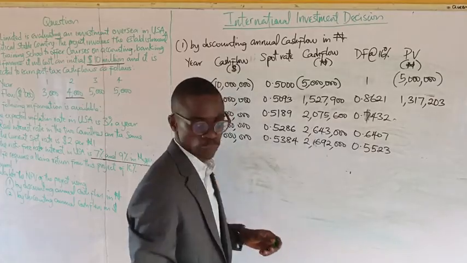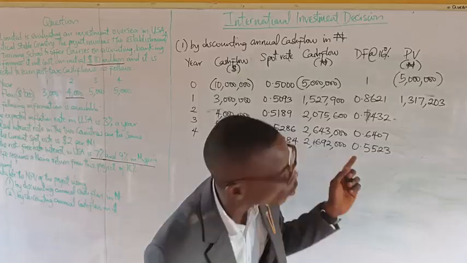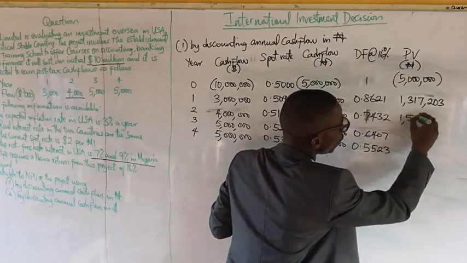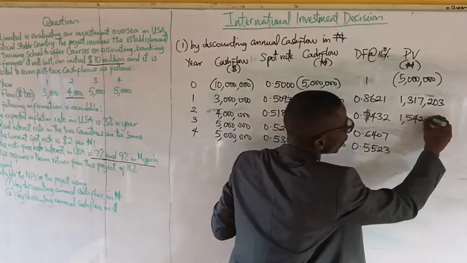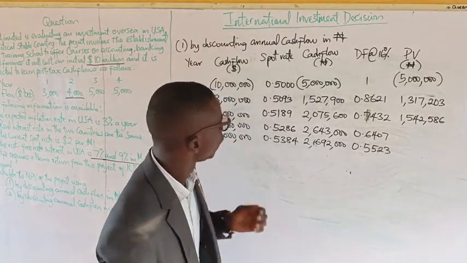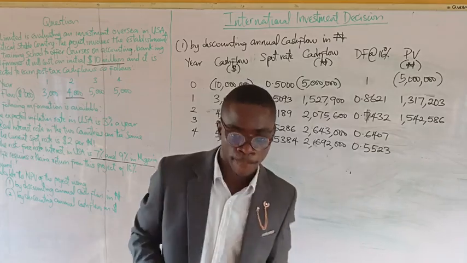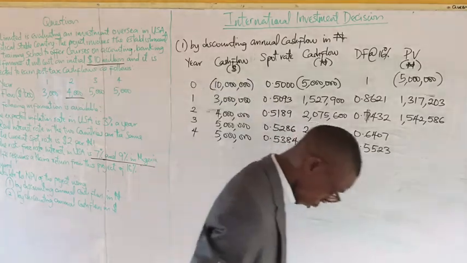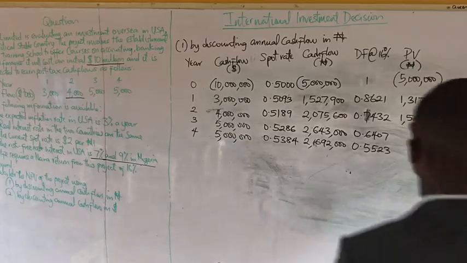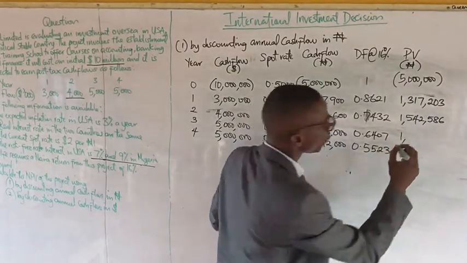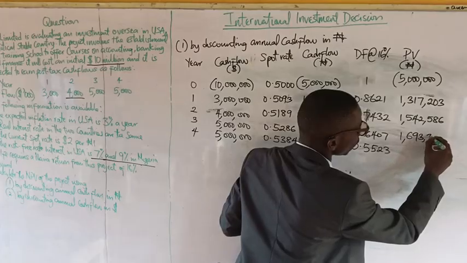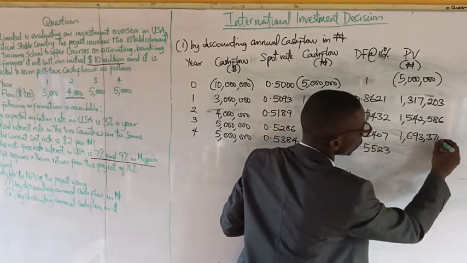For the second year, it is 1,542,586. For the third year, it is 1,693,370.